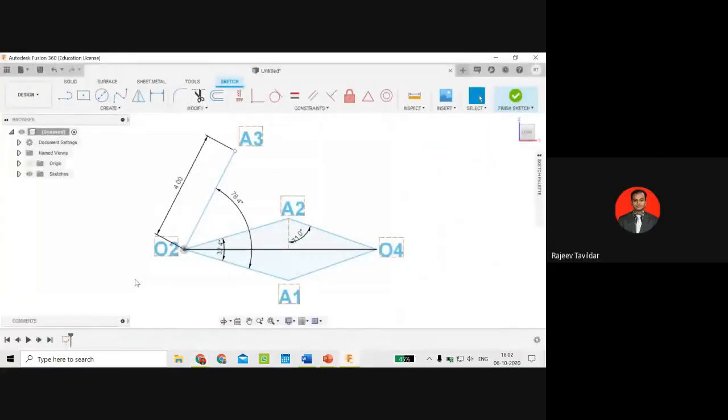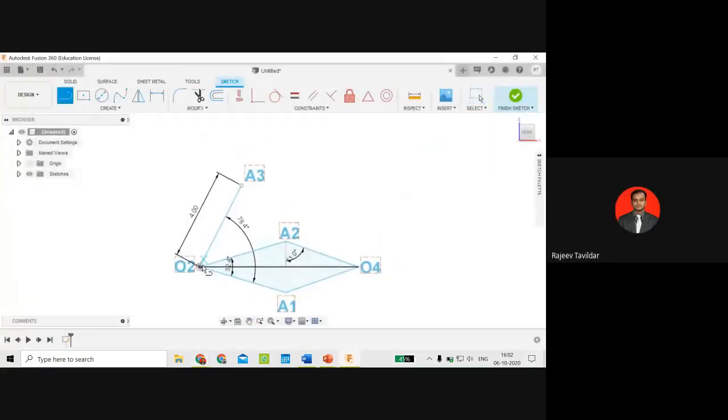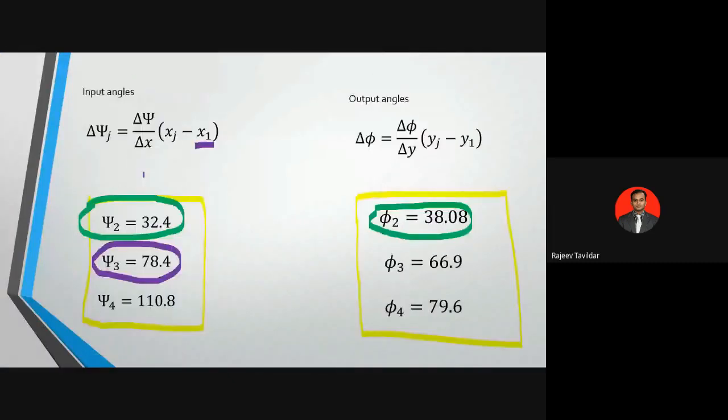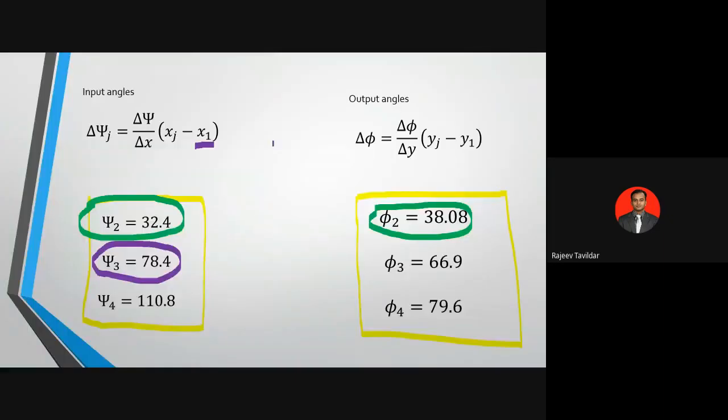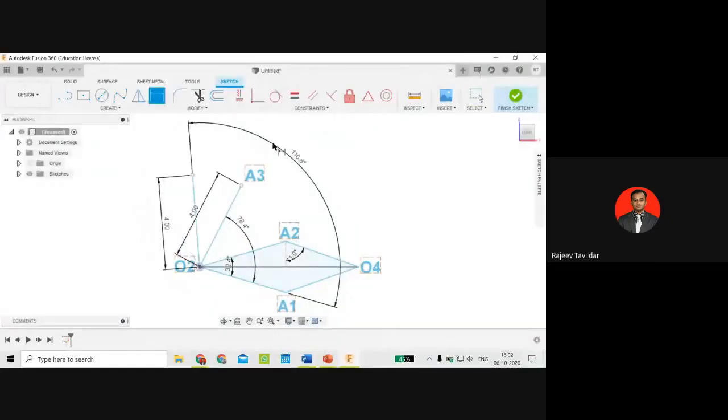Okay, similarly, we'll also draw A4 of 4 centimeters and at an angle of 110 degrees with respect to the first link. So the angle between this link and your first link should be 110.8. Just for clarity, I'm going to delete all these angles.